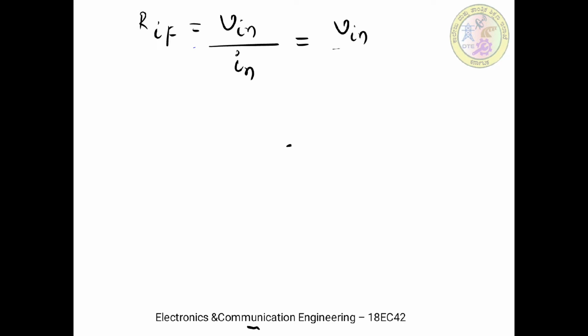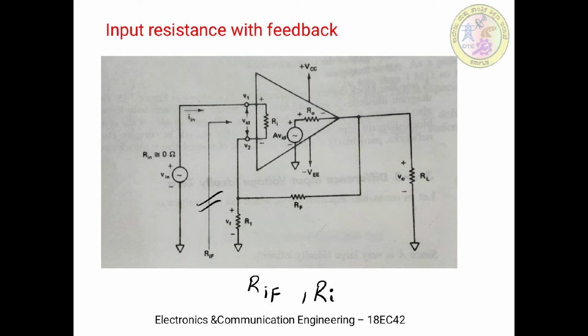But I in, see in the circuit diagram, I in is nothing but VID by RI. Here you can observe the input resistance of this operational amplifier is RI.